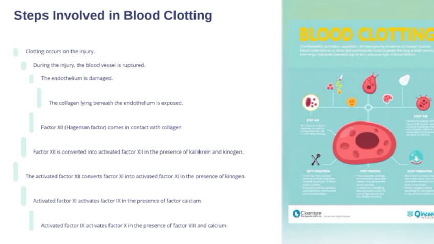Factor 12 is converted into activated factor 12 in the presence of kallikrein and kininogen. The activated factor 12 converts factor 11 into activated factor 11 in the presence of kininogen. Activated factor 11 activates factor 9 in the presence of calcium. Activated factor 9 activates factor 10 in the presence of factor 8 and calcium.